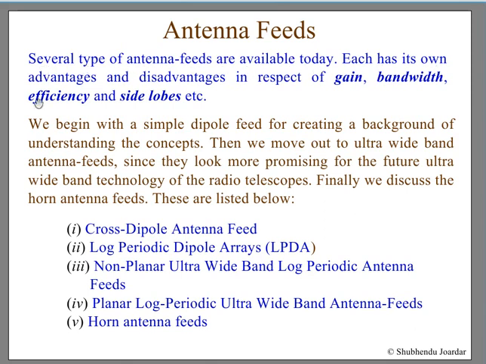Each has its own advantages and disadvantages in respect of gain, bandwidth, efficiency, and side lobes, etc. We begin with the simple dipole feed for creating a background of understanding the concepts. Then we move on to ultra-wideband antenna feeds, since they are more promising for future ultra-wideband technology of radio telescopes. Finally, we discuss horn antennas, and these are listed below.